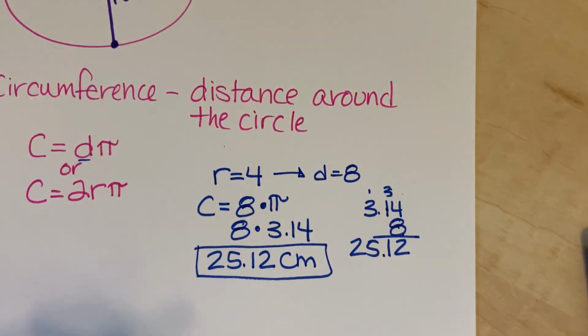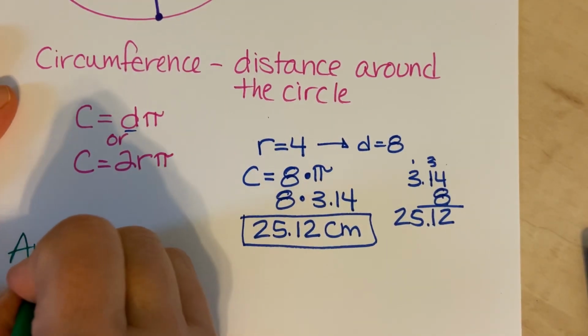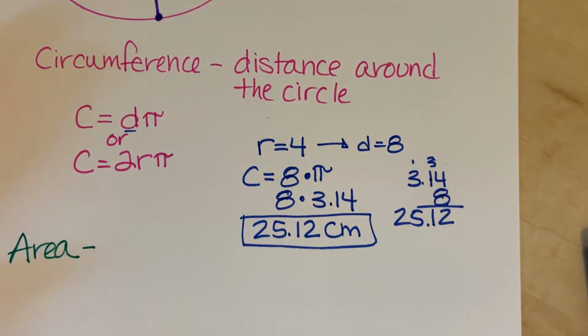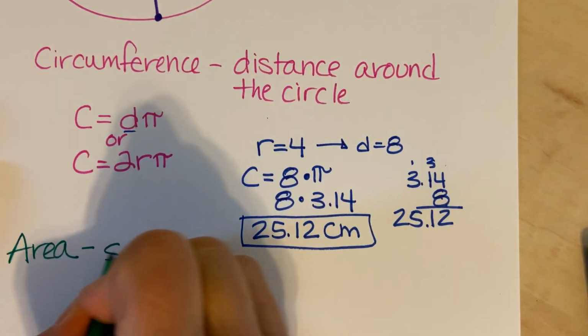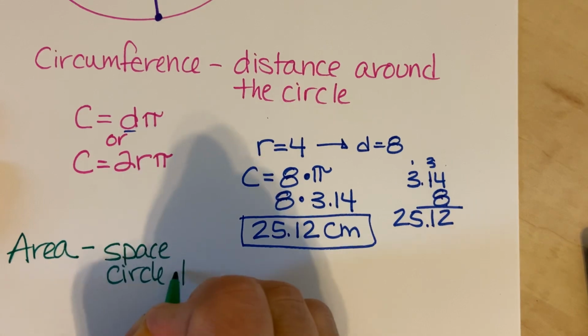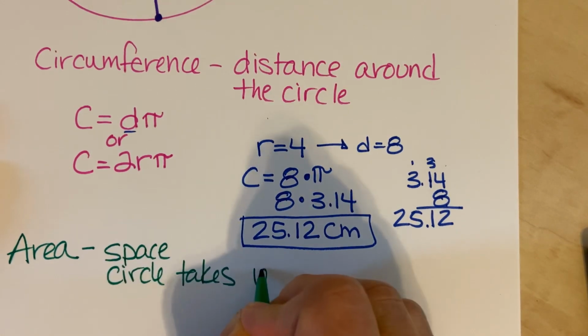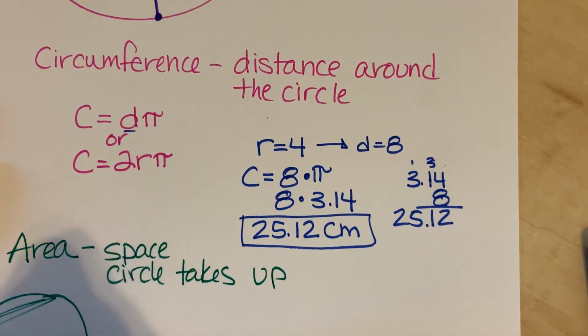Okay? And another thing we gotta know on here is how to find the area of a circle. Okay, that's what's inside the circle, okay? What the area the circle takes up, or the space the circle takes up. So if this is my circle, not very straight circle, this is my area, okay?